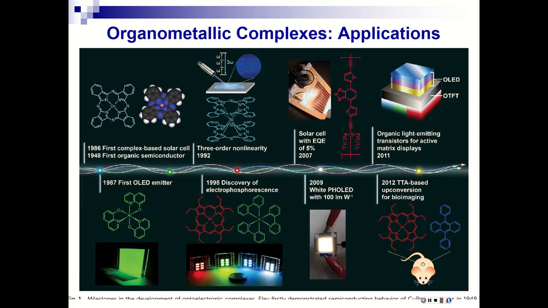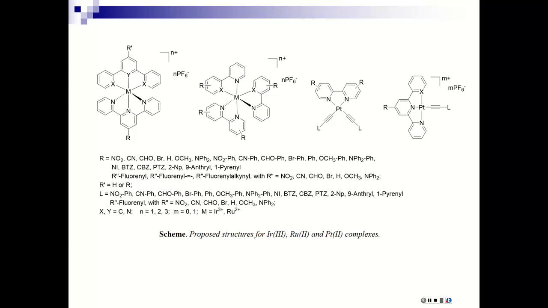Another application we wrote in the proposal is using nonlinear absorption for eye and sensor protection. That's called the optical limiting application. So those are the two main applications: bioimaging and sensor protection. So these are the objectives.